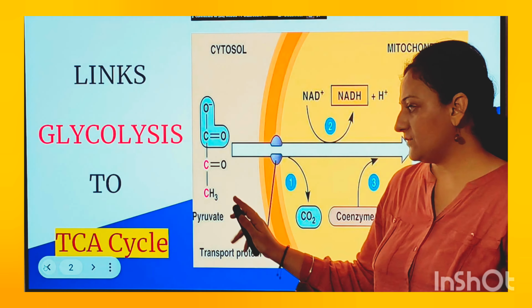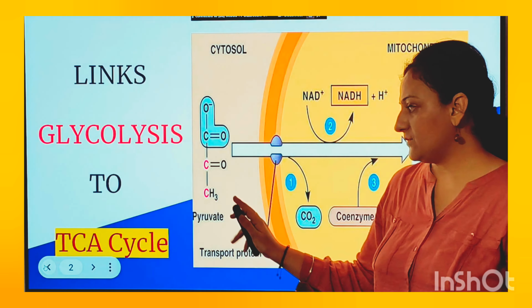Mainly three steps occur. One is oxidative decarboxylation, second is the transfer of the acetyl group to coenzyme A, and the production of NADH. Acetyl CoA is formed, and this acetyl CoA enters the TCA cycle. So it is the connecting link between glycolysis and the TCA cycle.